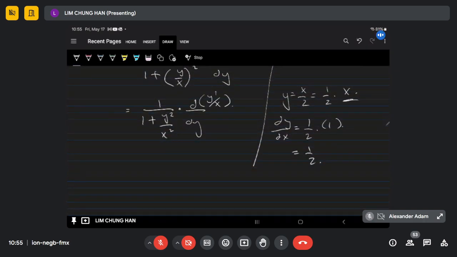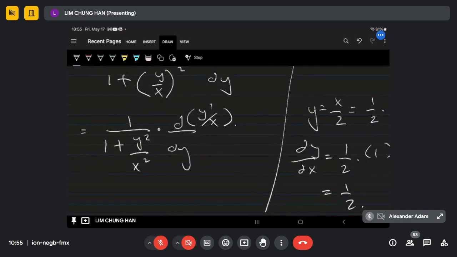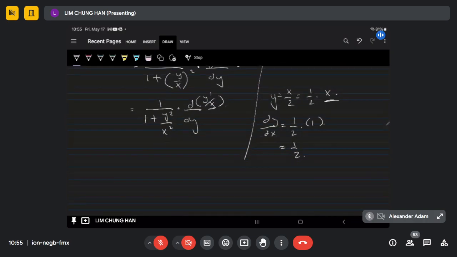Yes. Okay, good. So now we go back to our question. It's the same thing. x is now a constant. So you are actually differentiating, you think of it like this, 1 over x times y. This 1 over x is actually a number, so you are just differentiating y.